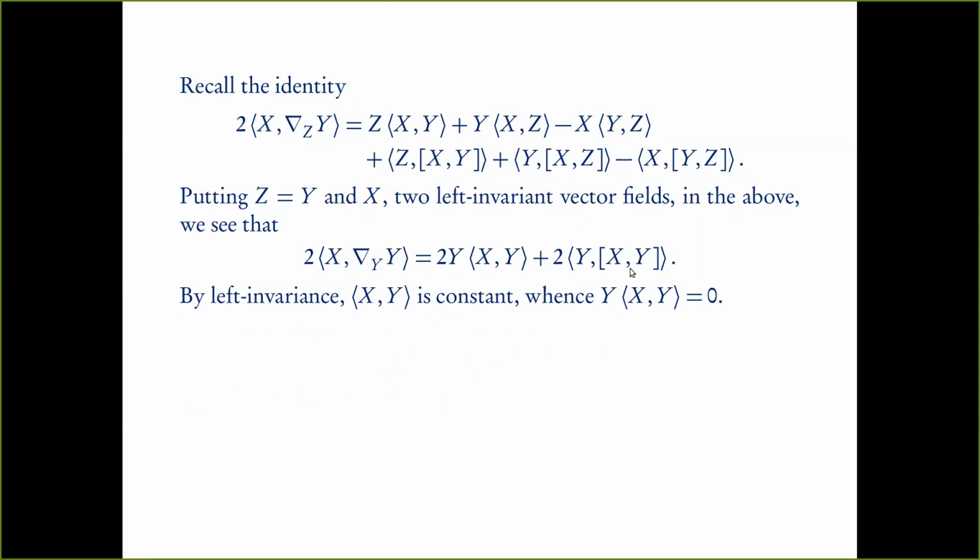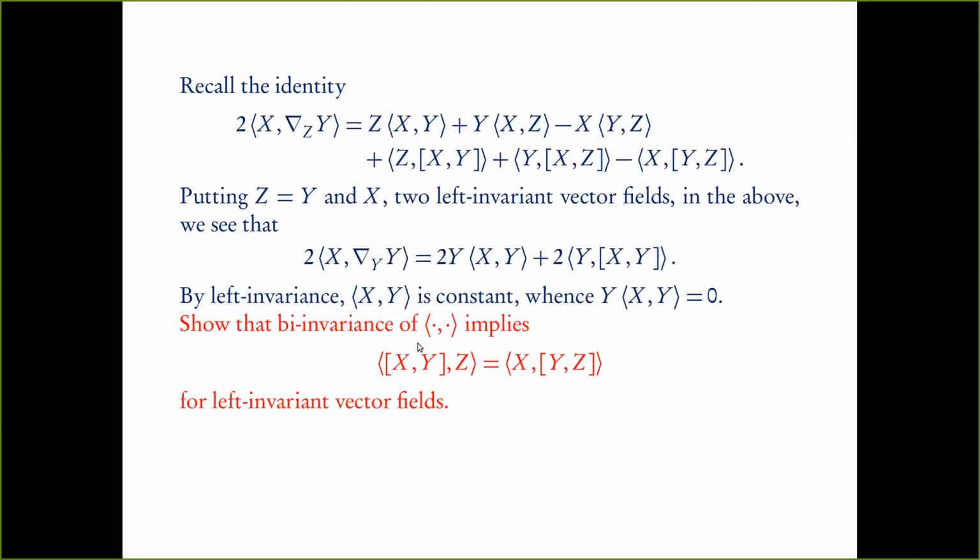So there's an exercise for you. The exercise is not that hard, but this is one of the main ingredients in bi-invariance. If you really want to understand bi-invariance, this is precisely at the heart of the matter. So bi-invariance of the inner product implies this equality: the inner product of the Lie bracket [x, y] with z is equal to the inner product of x with the Lie bracket [y, z].